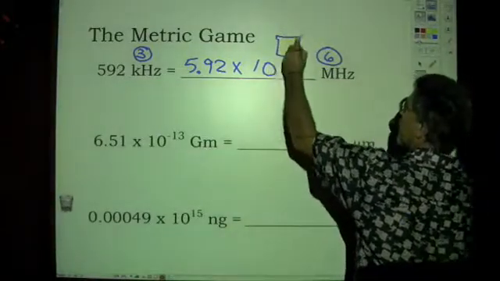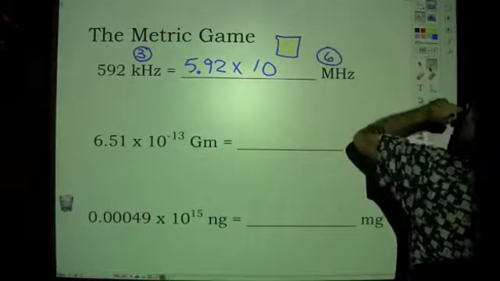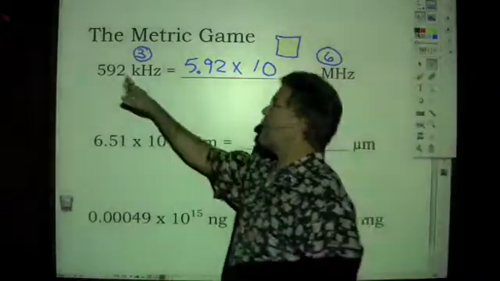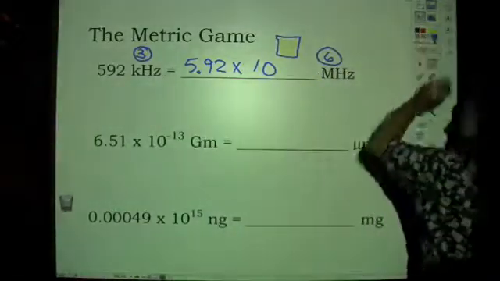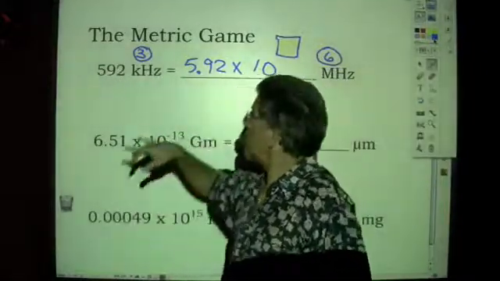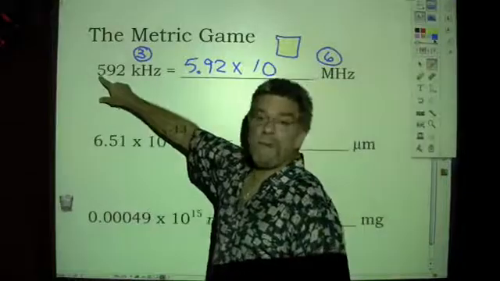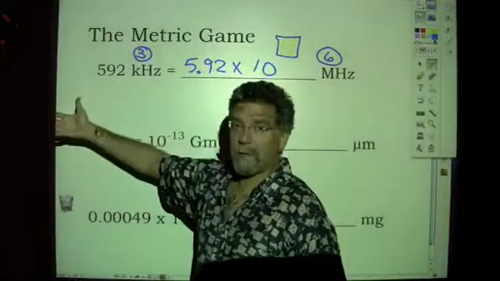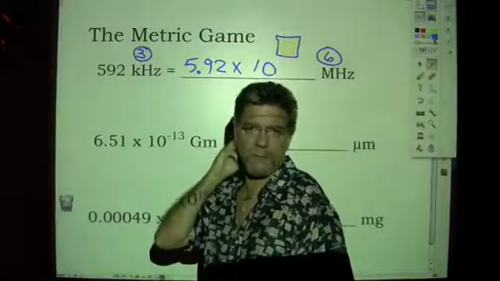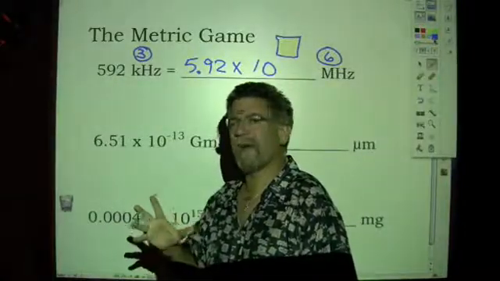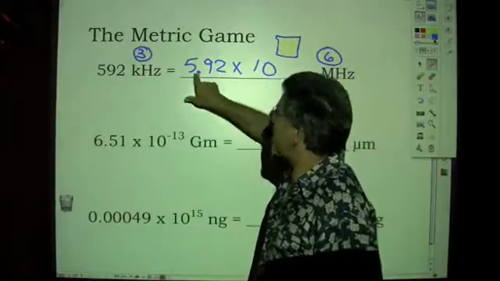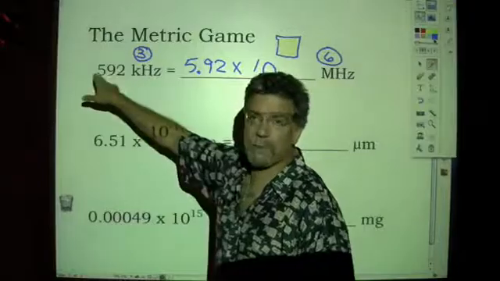Alright, my goal in my little game here is to fill in the yellow box with my answer. Well, I'm not done yet because I have to take into account, here's the part that a lot of students have trouble with. That says 592. I can't just ignore that because I'm writing it as 5.92. So this is compensation. I have to compensate for the fact that I am moving this back 2 decimals.